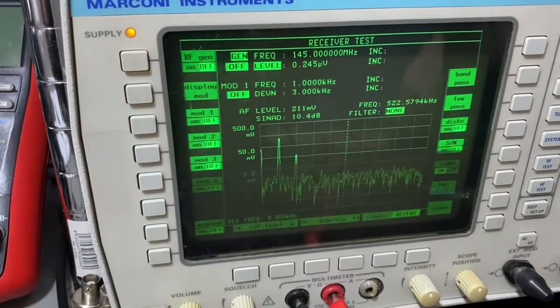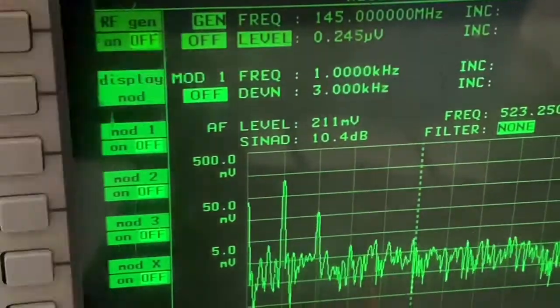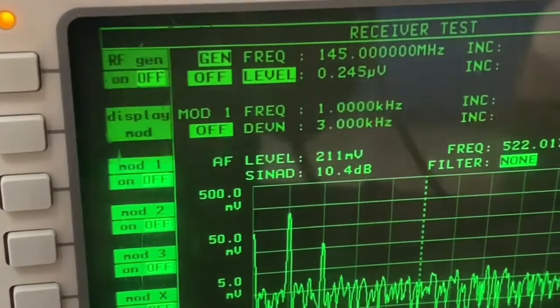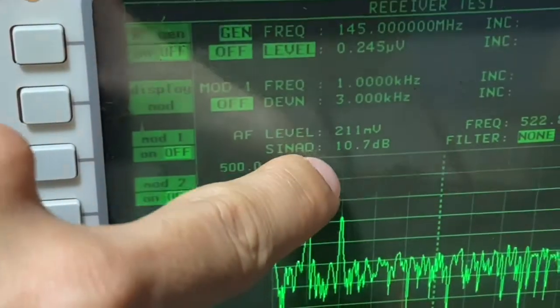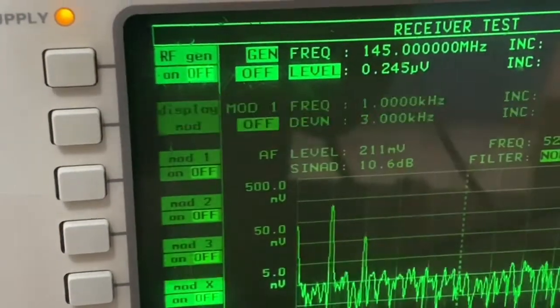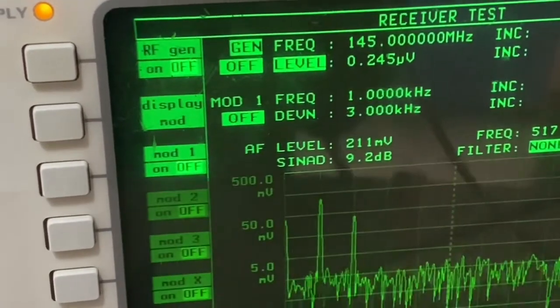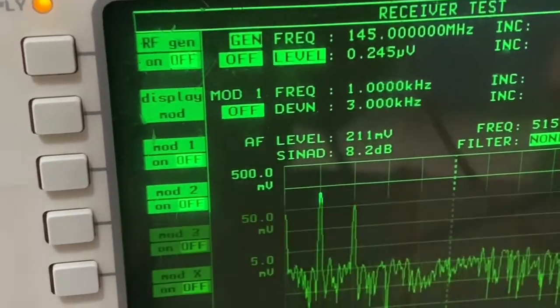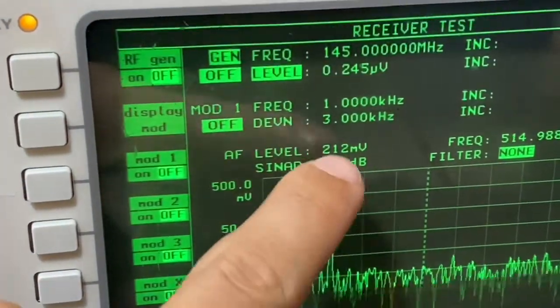And what we can see is that the SINAD got worse, 10.4. And as I increase the level of the second harmonic, we should see the SINAD going down. Let me do that. You see the harmonic now has gone up, and the SINAD has got worse.